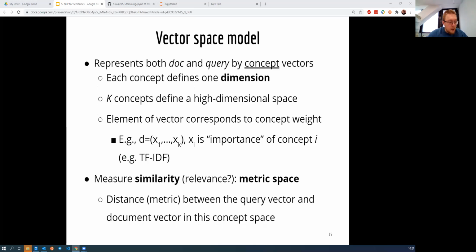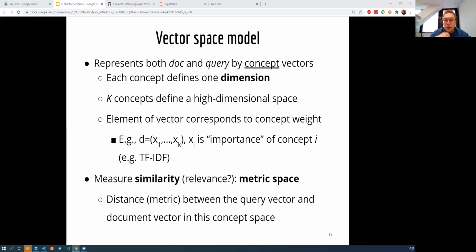So let's move to the first glance on the semantics. We just represented both documents and text as vectors, okay? And they are called the concept vectors. So we will further consider this.